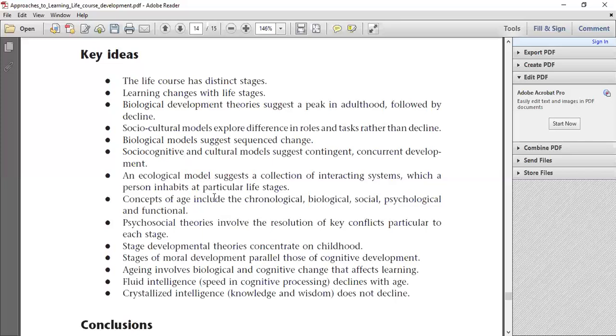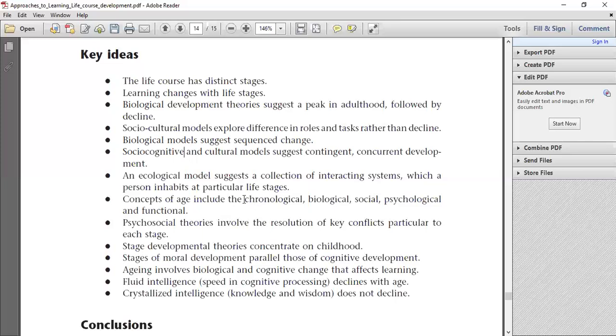Then we have the ecological model. They say that it's an interacting system found around a person, and the person's growth and development is influenced by lots of factors around it. We will see that in a while through a diagram.